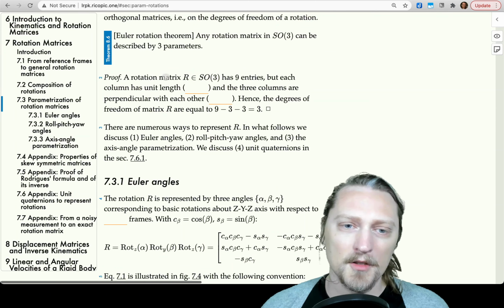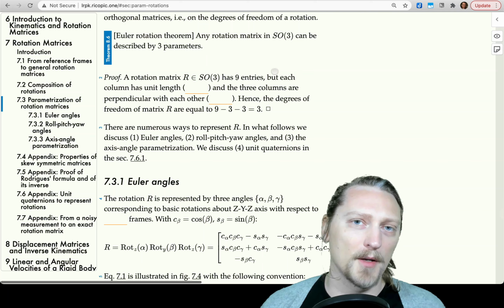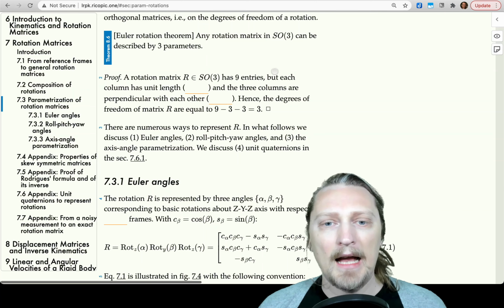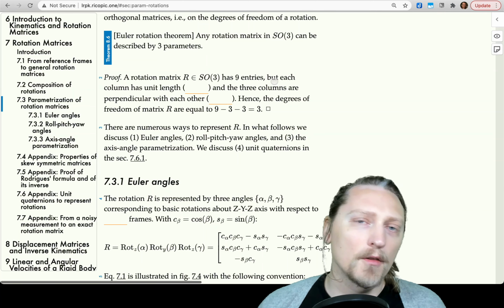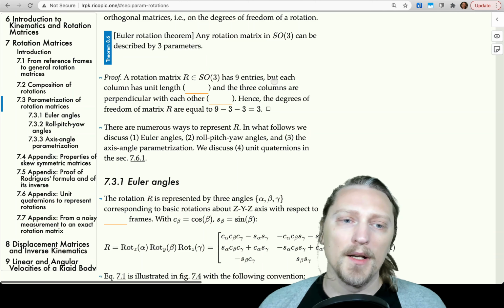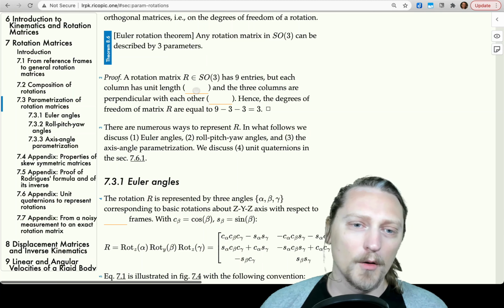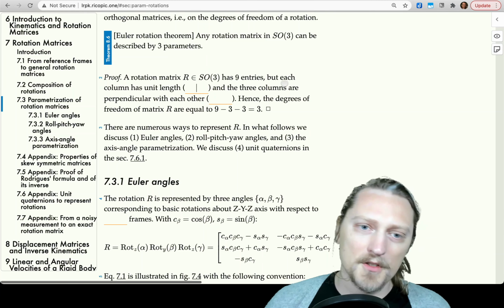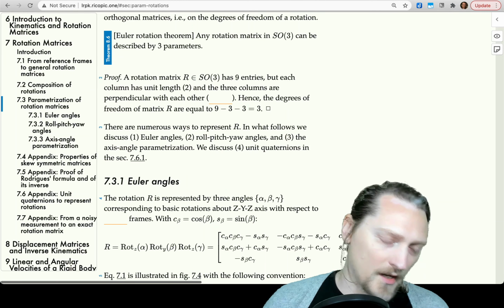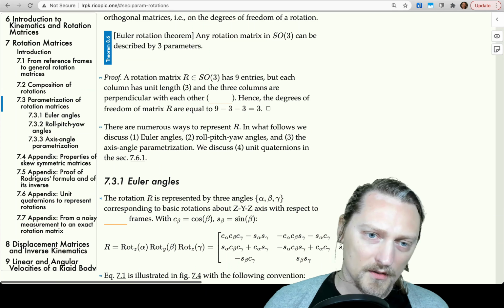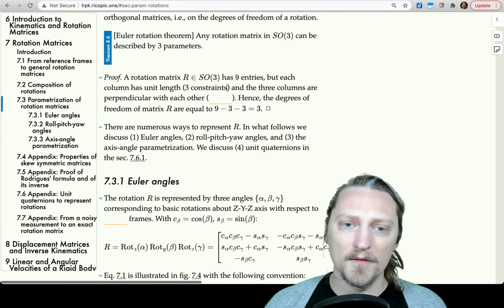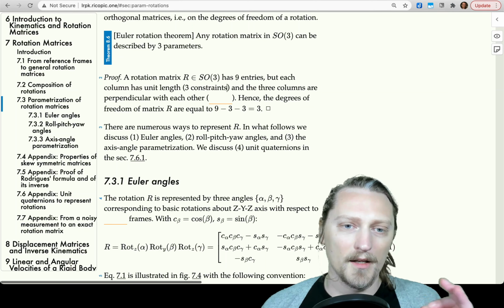Proof. A rotation matrix R in this special orthogonal group has 9 entries, as a 3 by 3 matrix does. But each column has unit length. That was the first requirement. So we have restricted ourselves down with 3 constraints. Each of these columns has to have unit length.